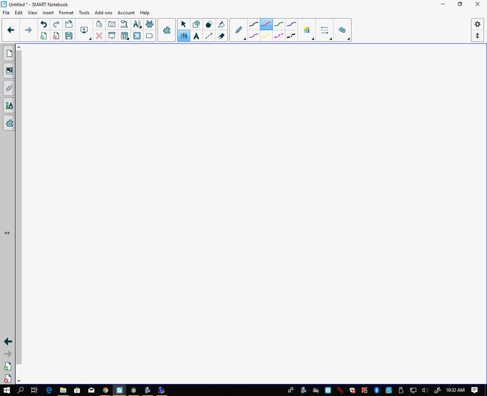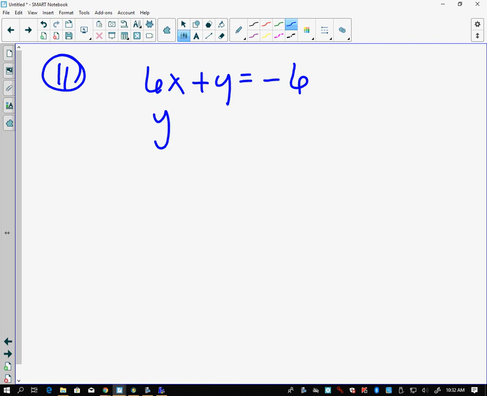All right. I think I'm on 11. This one, you want to solve this system of equations by substitution. At least that's what they want. They want something like we have 6x plus y equals, let's say, -6, and y equals, let's say, 2x plus 10.